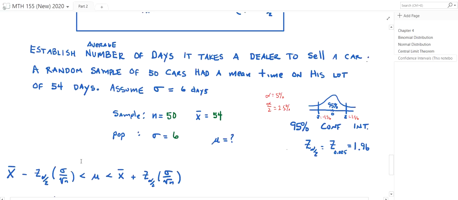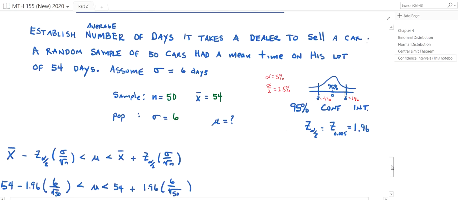That's less than our population mean, which is less than x bar plus z times sigma over square root of n. Now take the values up here, pause the video, plug them in here, and see if you can get the 95% confidence interval for our mean based on the data that we took in our sample set.